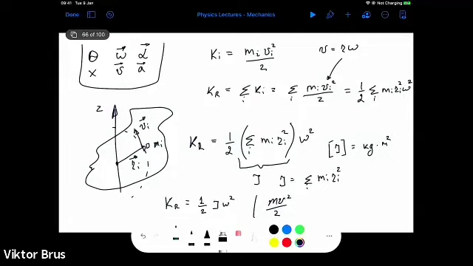For rotational motion, angular velocity plays the role of linear velocity, and moment of inertia plays the role of mass in translational motion.